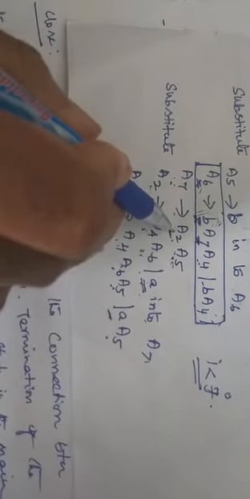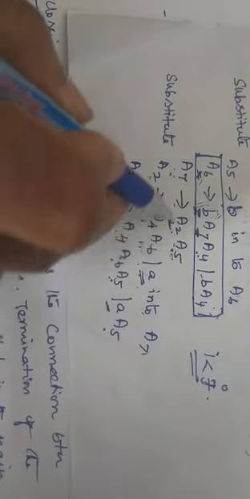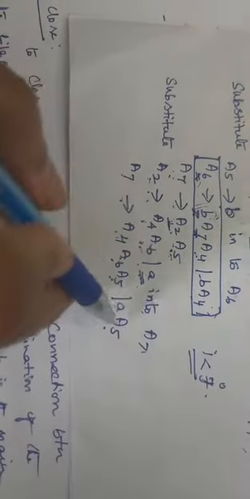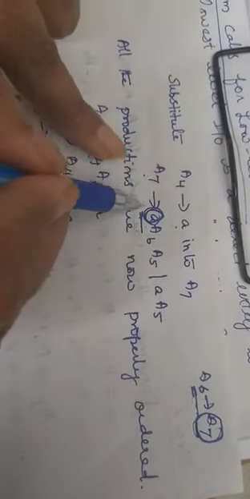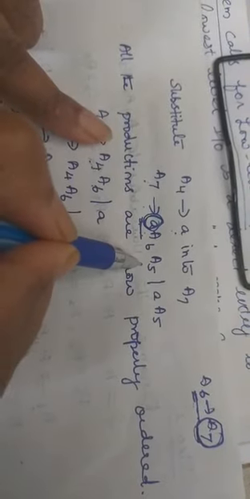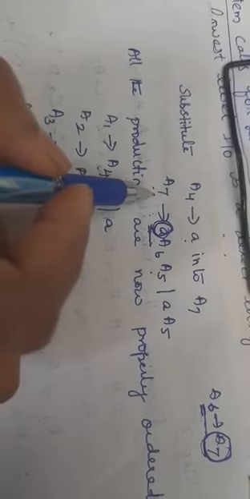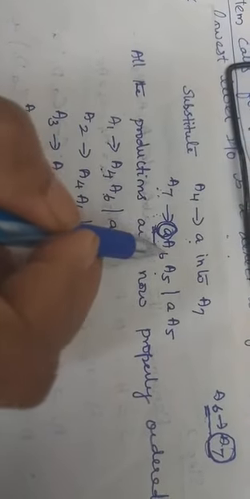Or instead of this A2, first time I substituted this. Now I am going to substitute A, and then A5. Okay, so now we got this. And then A4 is what? A4 is A. So when I substitute this, A7 gives A, A6, A5. So now at the right hand side, I got A7 gives A, A6.